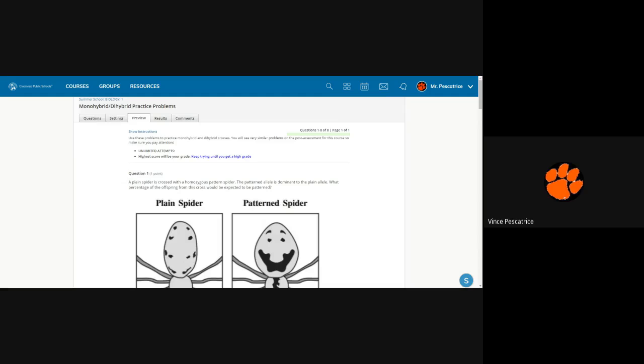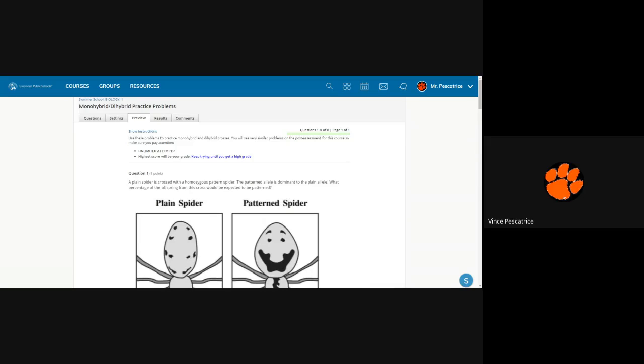All right. The first question talks about a plain spider crossed with a homozygous pattern spider. The patterned allele is dominant to the plain allele. What is the percentage that the offspring from this cross would be expected to be patterned? The patterned allele is what we're going to start with.